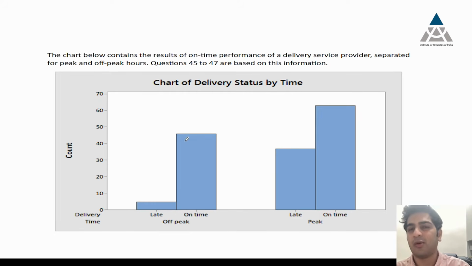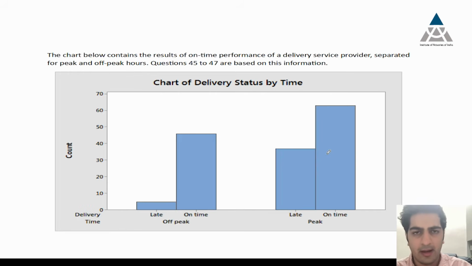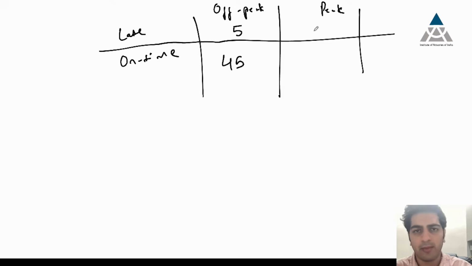So you can just try to sort of imagine a line and approximate it. So this should be 5 and this should be 45, and at the same time on peak hours you can see this is approximately 60 whereas late is approximately 40. So again it's quite an approximation.